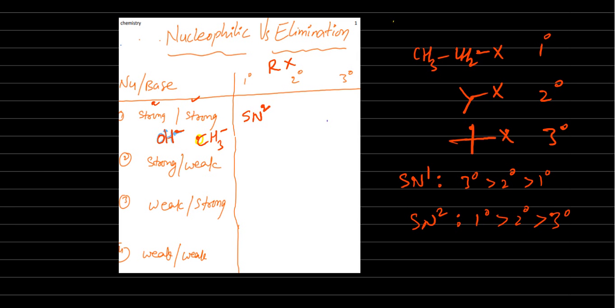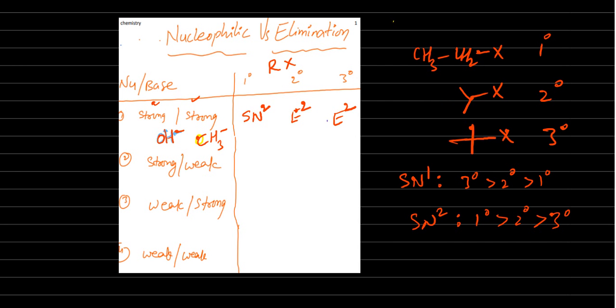So in the case of strong base and strong nucleophile, if it is a primary alkyl halide, obviously it undergoes SN2. If it is a secondary alkyl halide, chances are it undergoes E2 reaction. If tertiary, again E2. Tertiary and secondary both undergo E2 reaction.